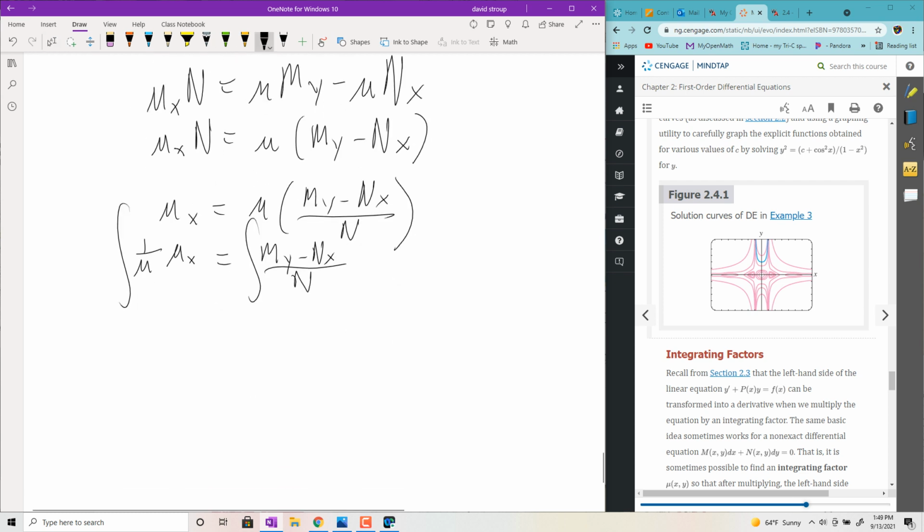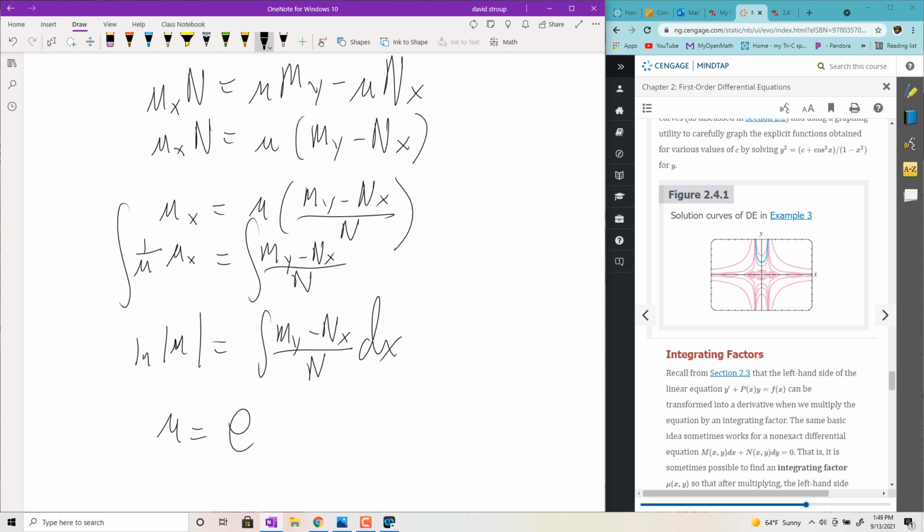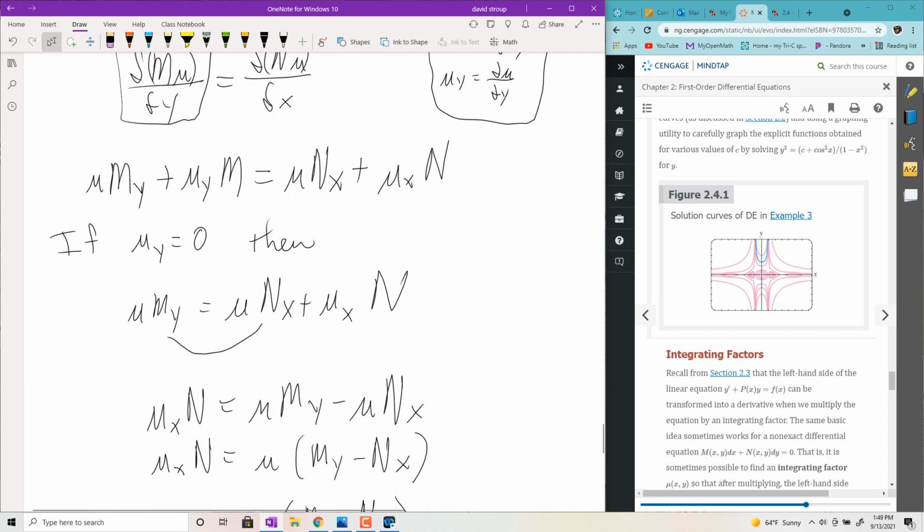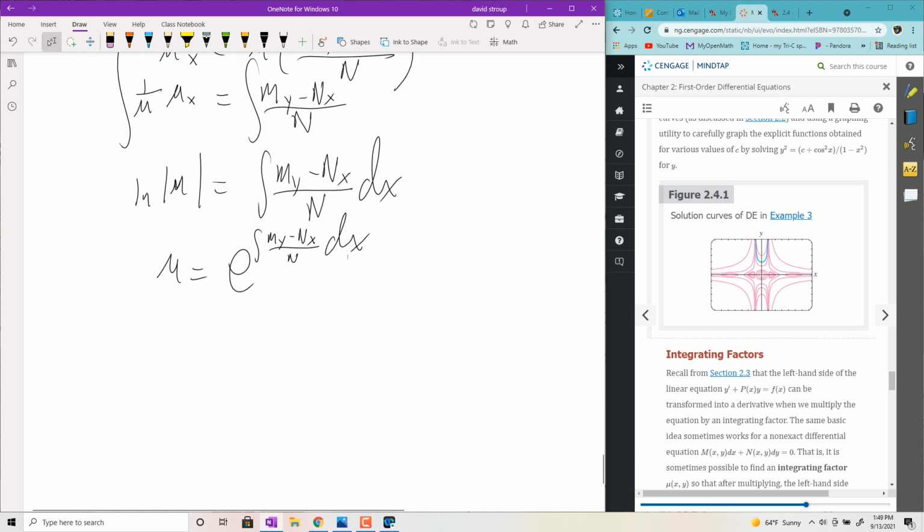On the left here, you'll get the ln, the absolute value of mu. On the right, you'll just leave it as the integral of this stuff with respect to x. And then exponentiate both sides. Do a little bit of hand waving, and this thing is your integrating factor, believe it or not. But in order for you to pick this, it has to be that mu sub y equals 0. Okay?